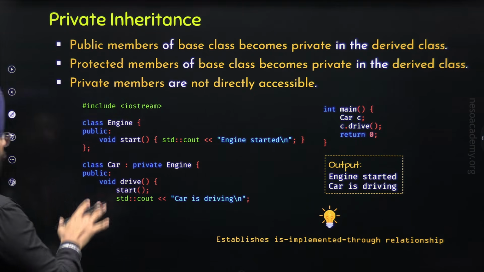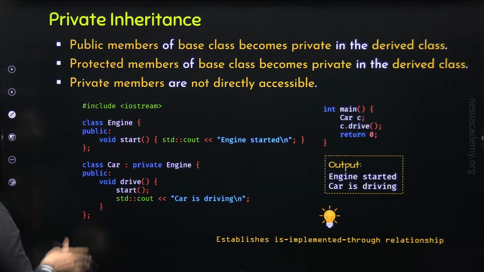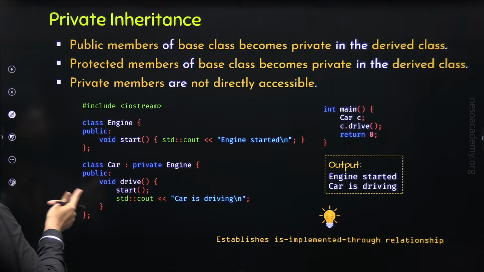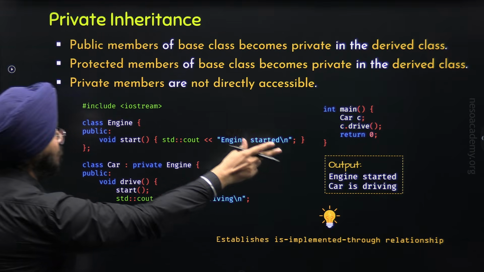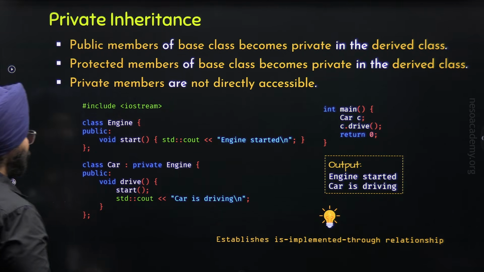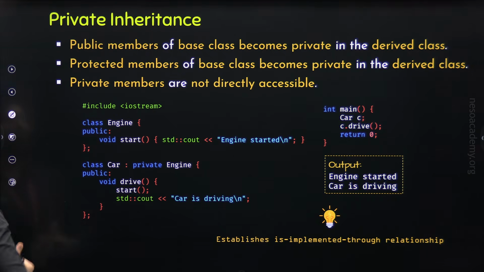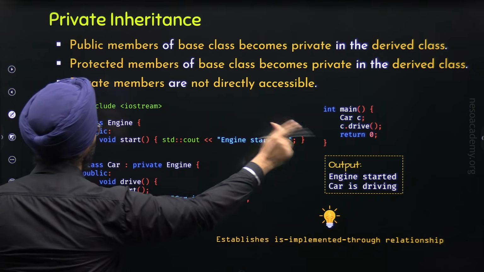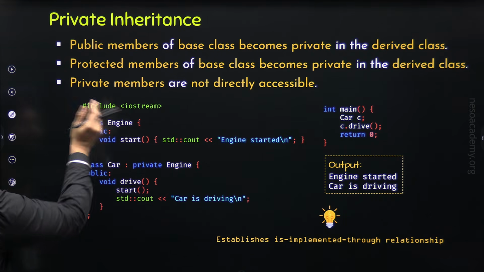This means we want that the functionality of engine should be accessible to car, but we do not want that the engine of the car should be accessible to the outside world. This means through the object of the class car, we do not want that the outside world should be able to access the functionality of the engine class.